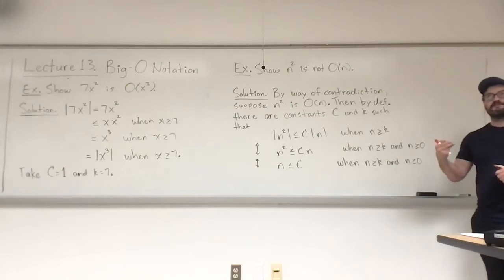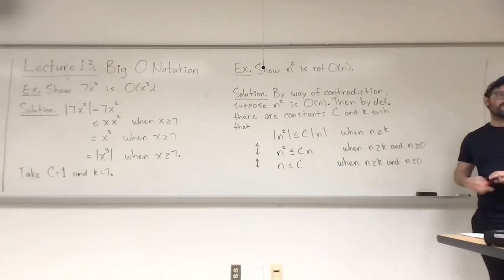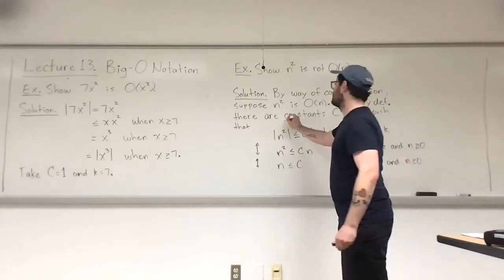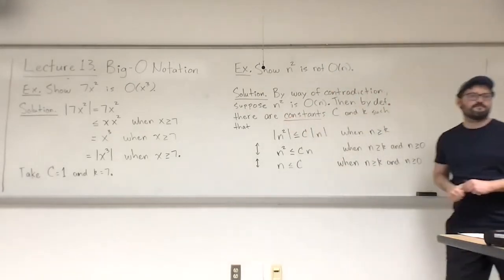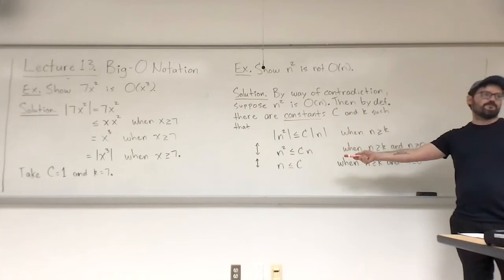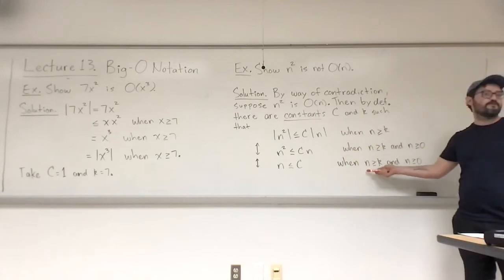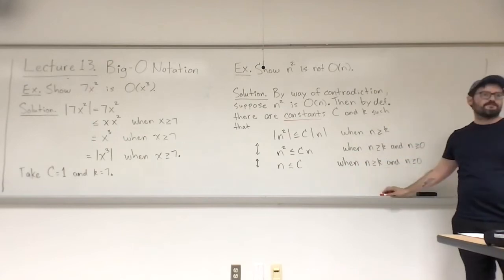So n is going to keep on getting bigger, and c is going to stay the same. C is a constant, right? That's going to fail, because this has to hold for every single n greater than or equal to this k, forever. But c is a constant.